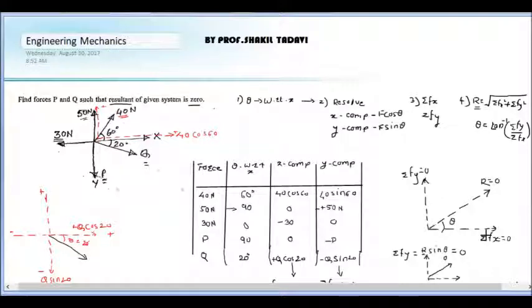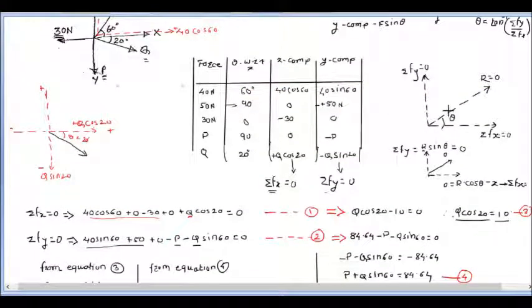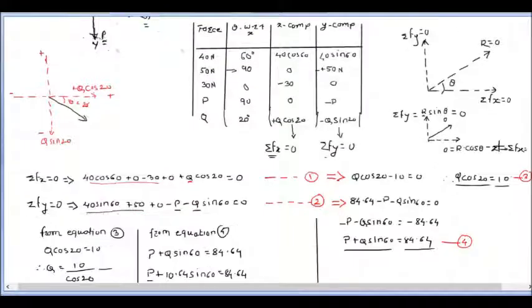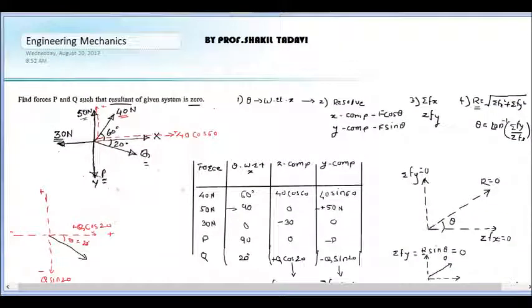I will share all those cases with you. I will not solve those problems completely, but at least I can discuss the problem and the method with which we can solve it. Definitely the method to solve that problem will remain the same as what we have solved now. So just go through this method and you can solve any problems on concurrent force systems.